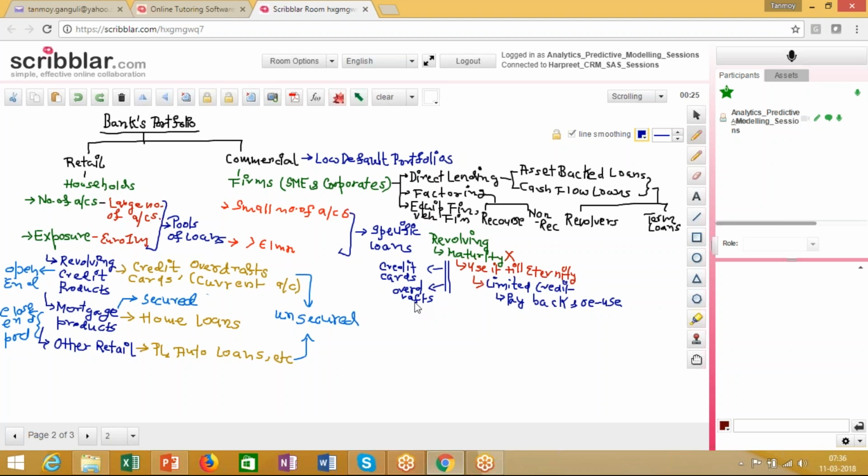So there is credit cards and there is overdrafts.